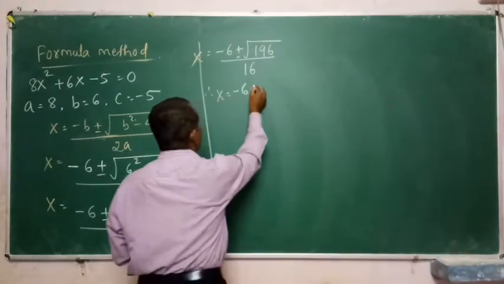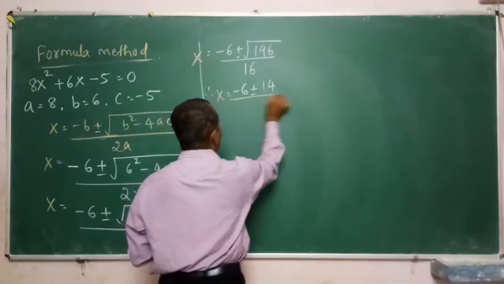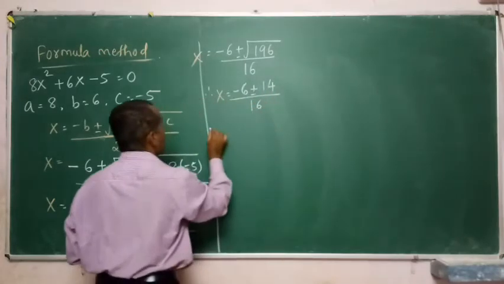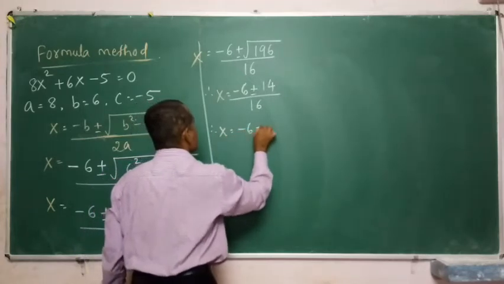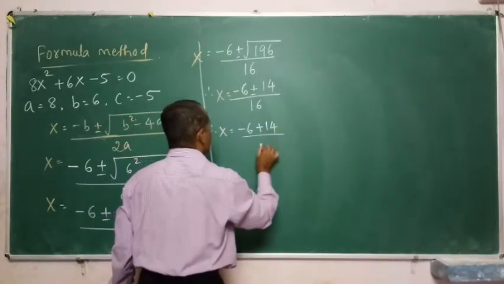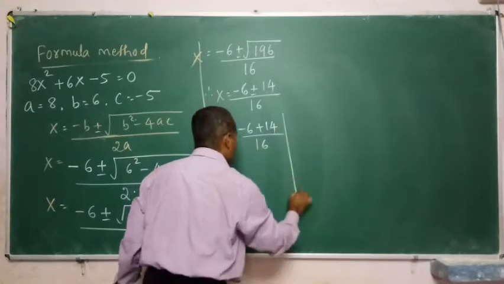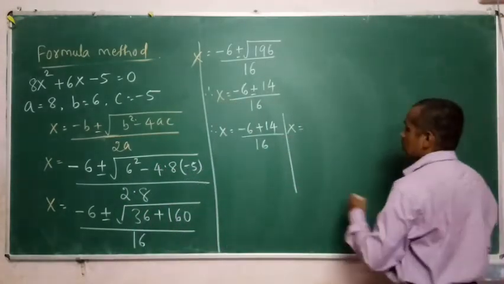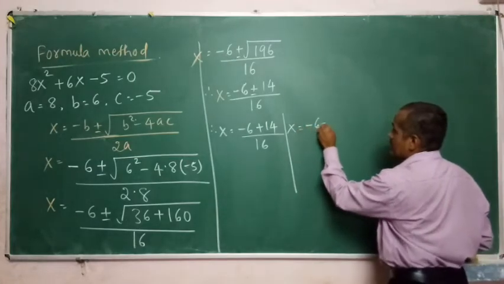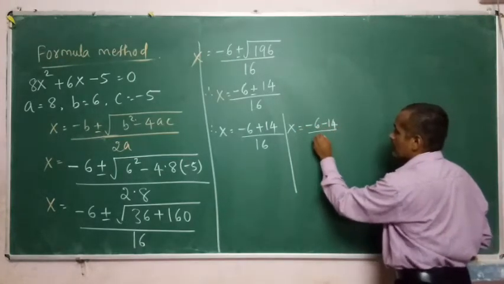Okay, it is plus or minus 14 divided by 16. Separate them, therefore x is equal to minus 6 plus 14 divided by 16, and x is equal to minus 6 minus 14 divided by 16.